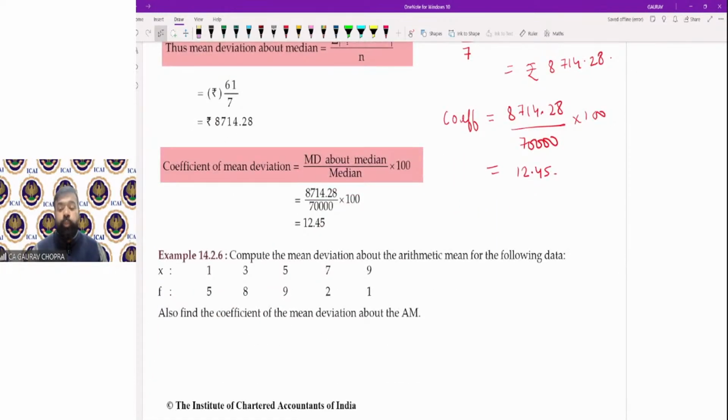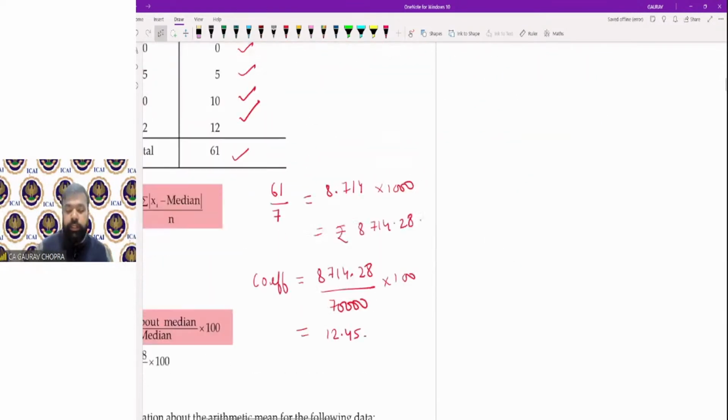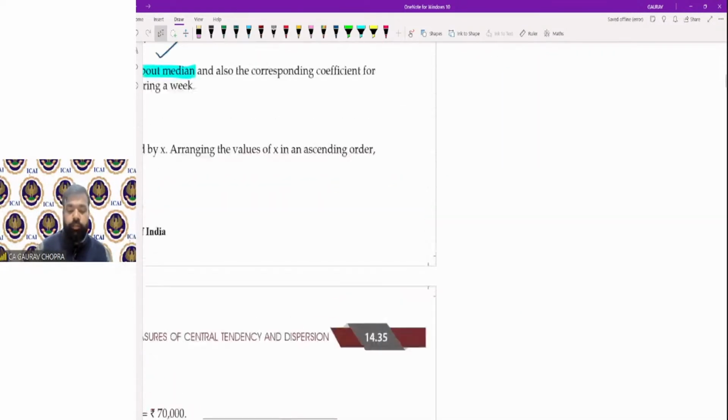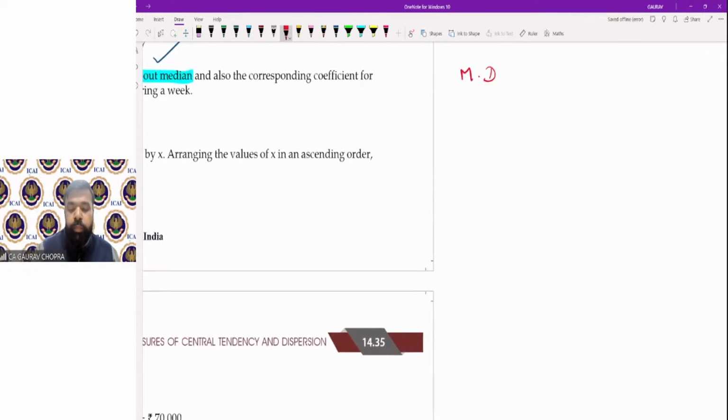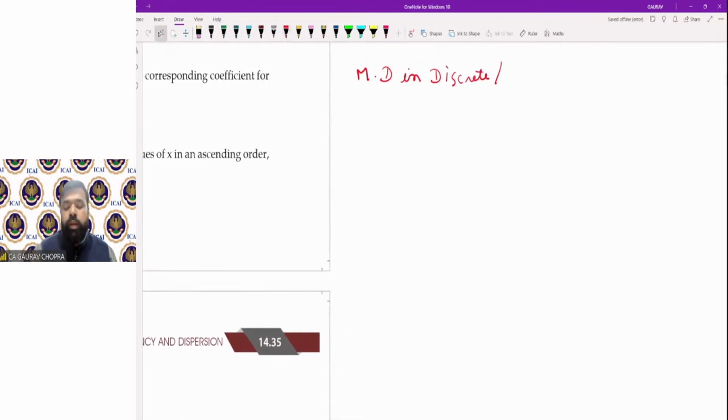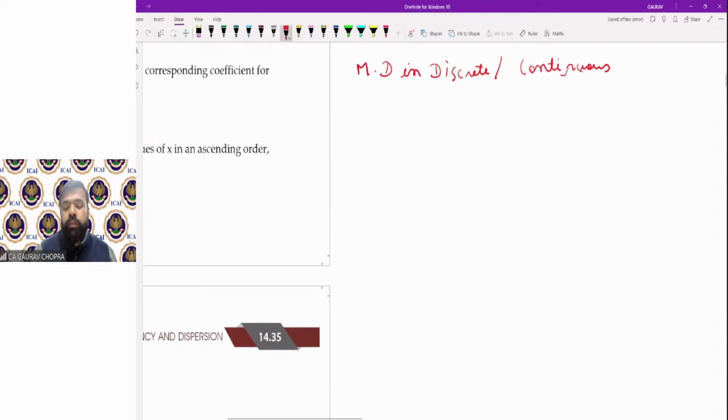Then the next will be mean deviation in discrete and continuous series. Now the formula will be the same for both.